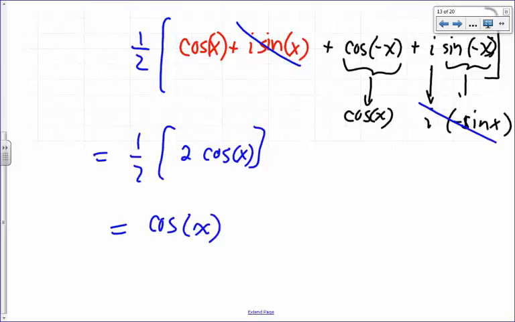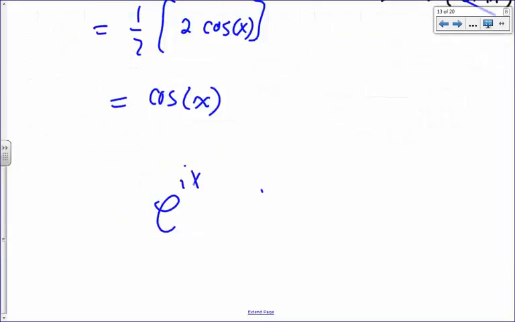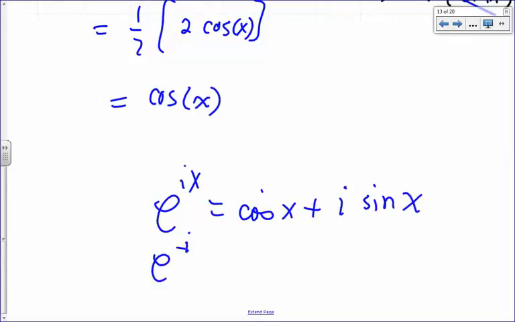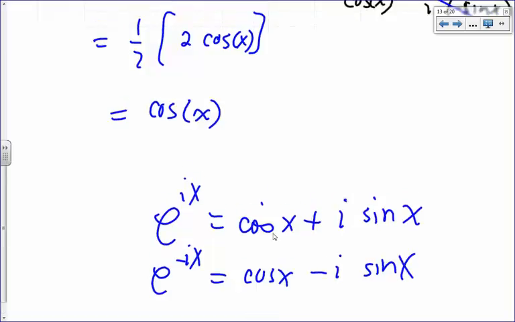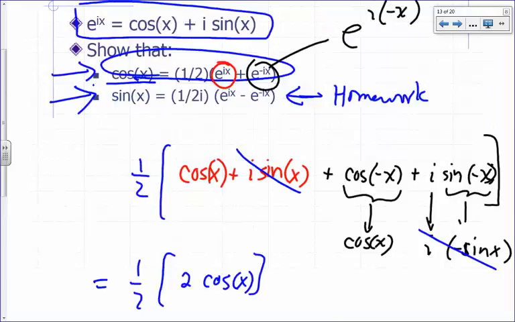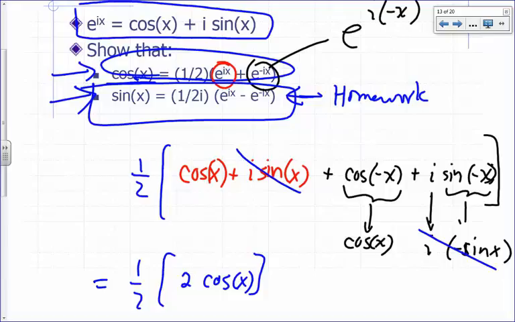And what's 1/2 of 2 cosine x? Cosine x. Okay? So the important thing to remember here is that e to the ix is cosine x plus i sine x. You can also say that e to the negative ix is cosine x minus i sine x. So your homework would be to show that sine x is 1 over 2i times e to the ix minus e to the negative ix.